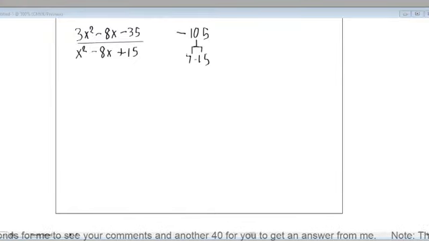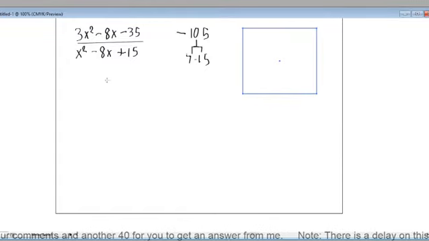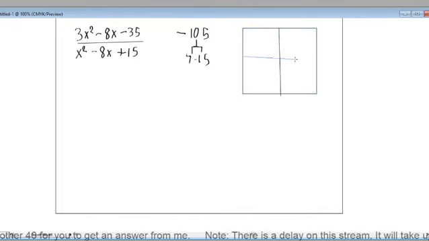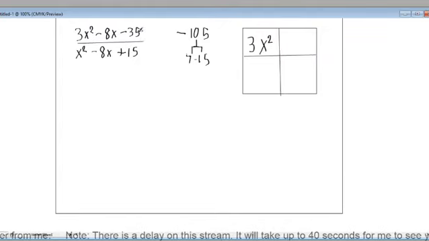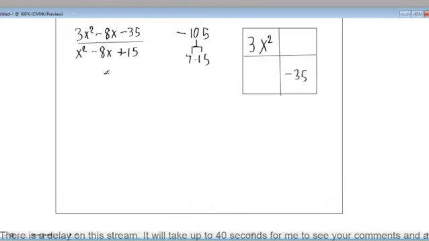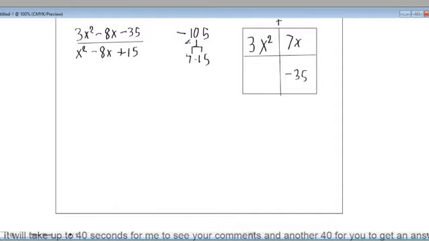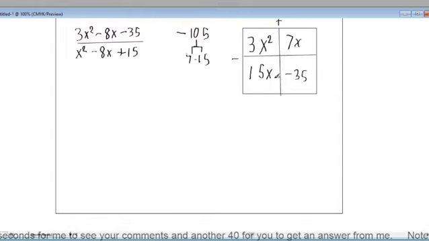So we're going to actually have to go ahead and use the box method here. Fill in our box. So first term goes in the first box, 3x squared. Last term goes in the last box, negative 35. Then I'll put positive 7x in here, and negative 15x in here.